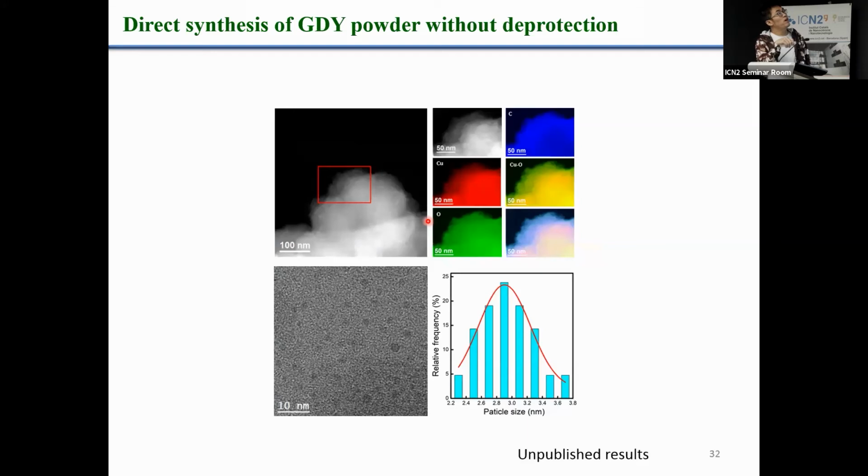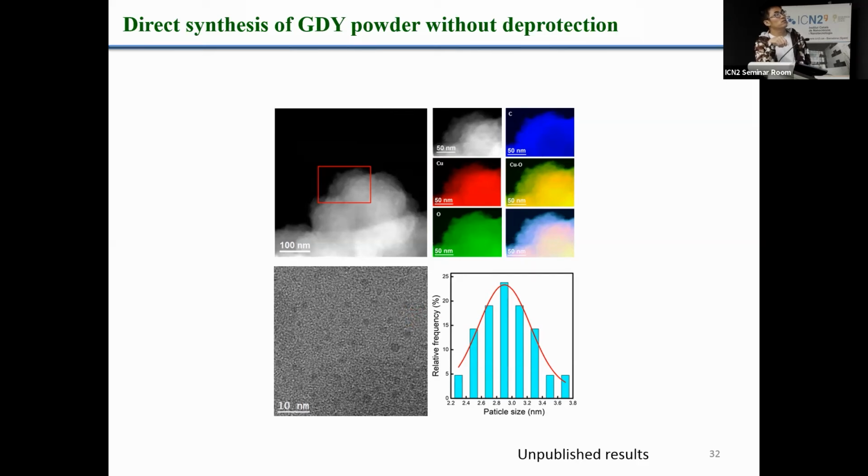We also found that this method can get copper oxide nanoparticles uniformly in this one pot. This copper oxide is a good catalyst for photocatalysis.